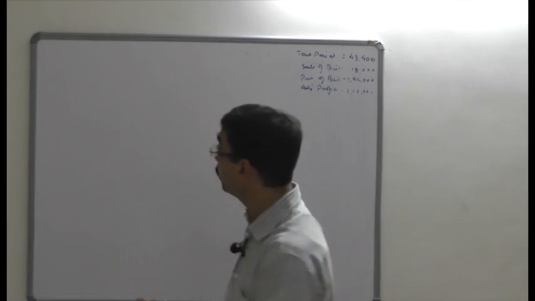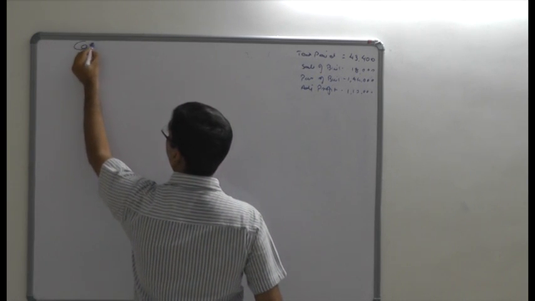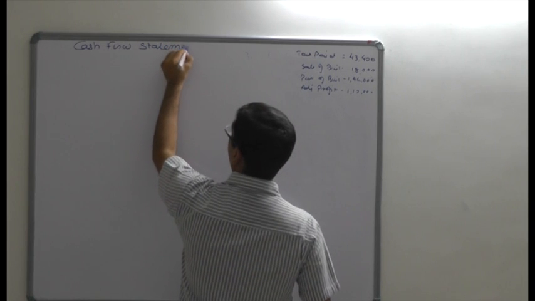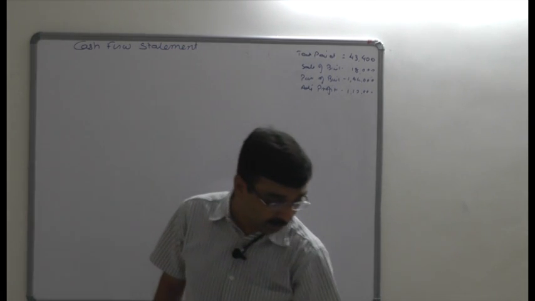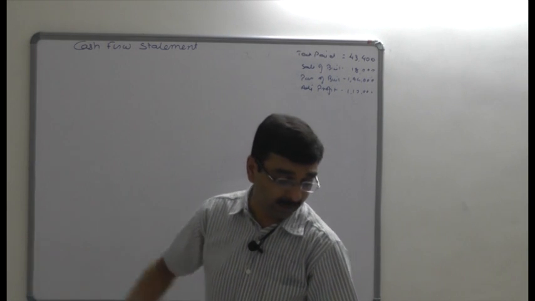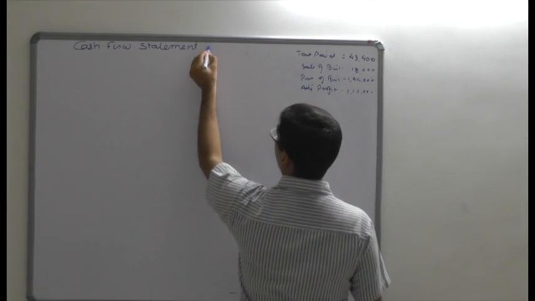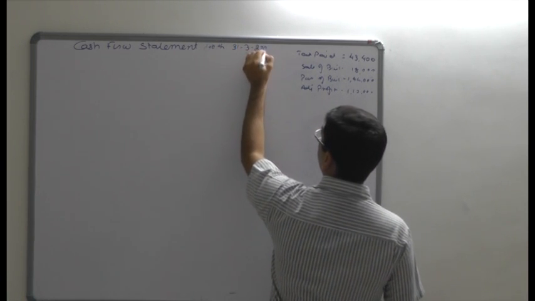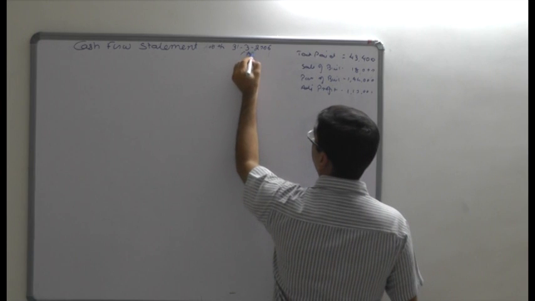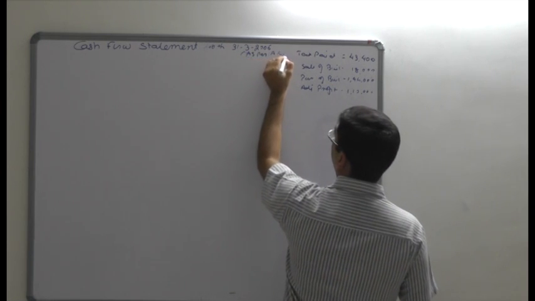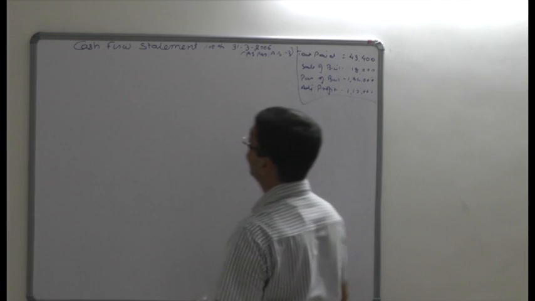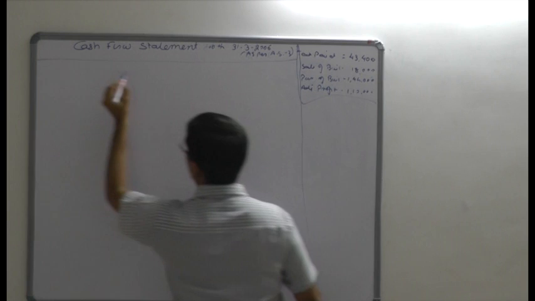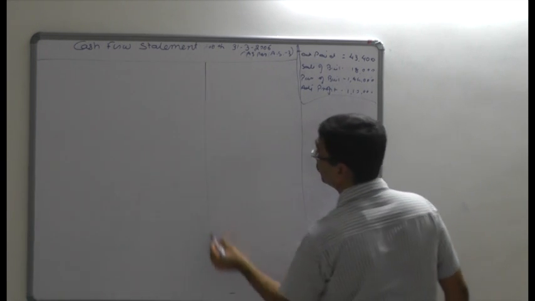So, the cash flow statement, and this statement is prepared for the particular company Om Limited for the year ending 31st March 2006, and that is as per accounting standard 3, AS3. These are the observations. So now see, the pro forma would be prepared like this.